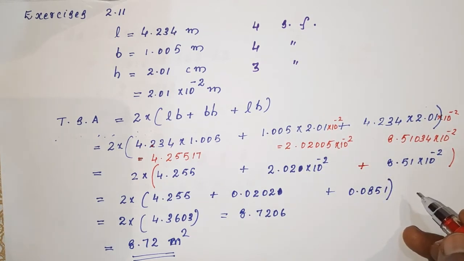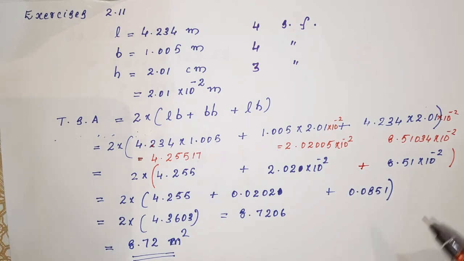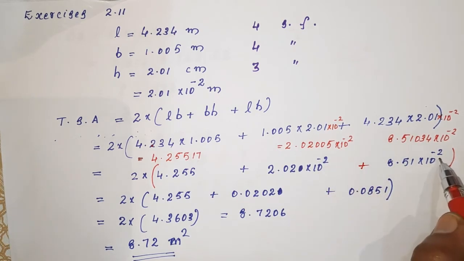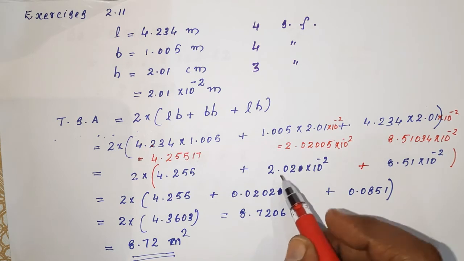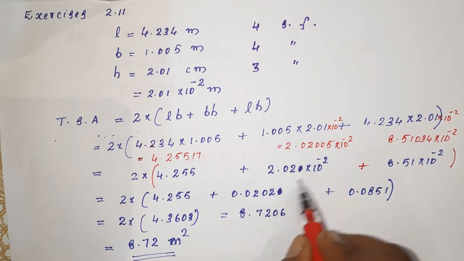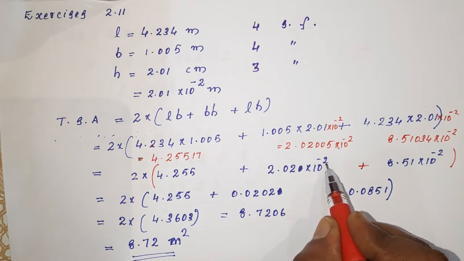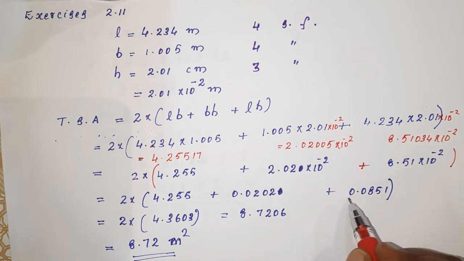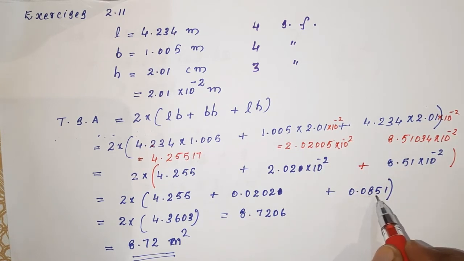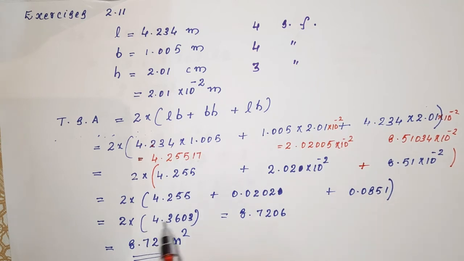Now in the second step you need to add. For adding, the powers of 10 need to be changed. So 2.02 becomes 0.0202, because it is multiplied by 10 raised to minus 2. Here also 0.0851. Now when you add you will get 4.3603, because all have 4 places after the decimal.